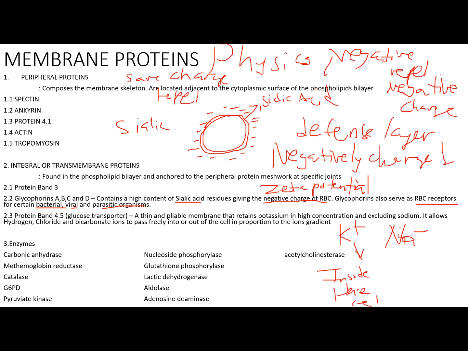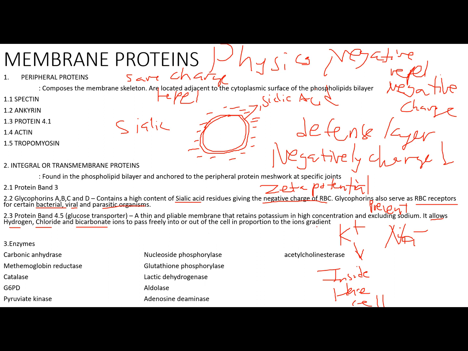Due to this protein 4.5, class, it allows your potassium to be retained in high concentration inside the cell and would prevent sodium from entering. But it would allow the following ions, hydrogen, chloride, and bicarbonate ions, to pass freely into or out of the cell in proportion to the ions gradient.